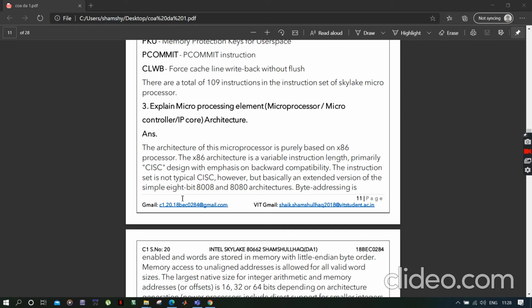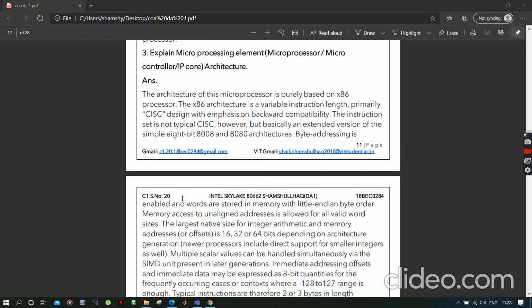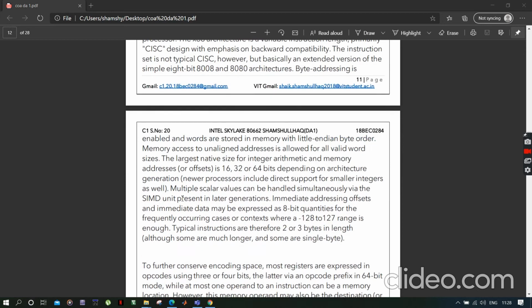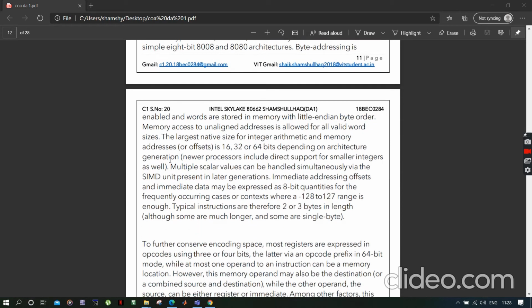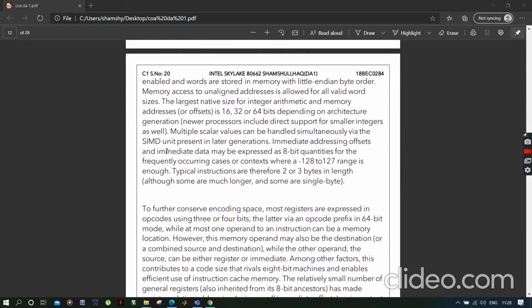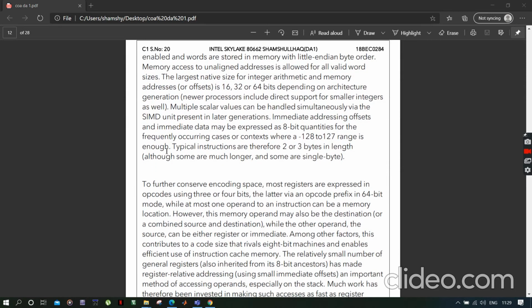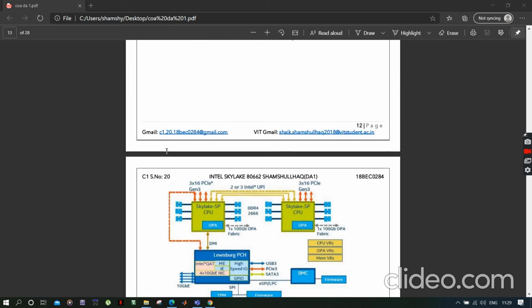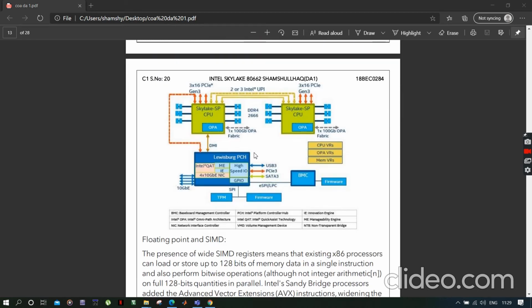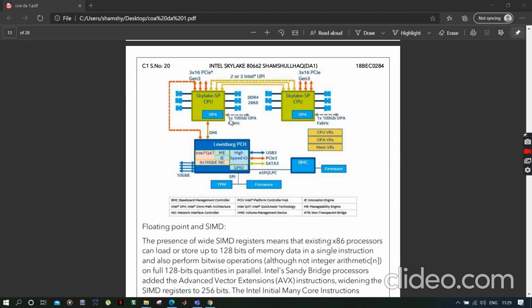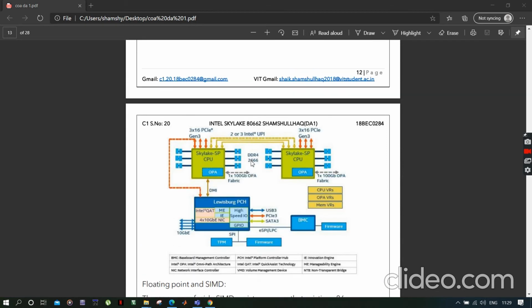The instruction set is not typical CISC, however, but basically an extended version of the simple 8-bit 8008 and 8080 architecture. Here is further information, and this is a block diagram of the processor.